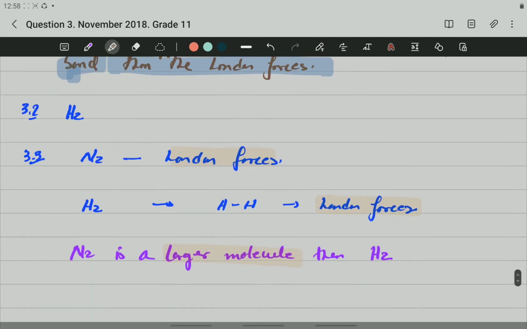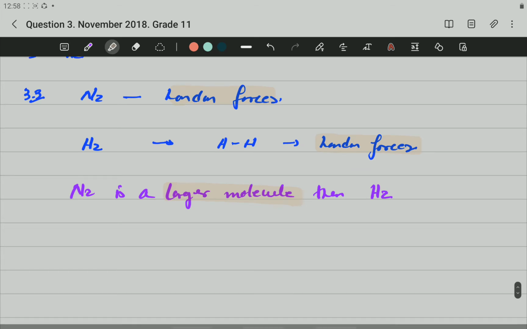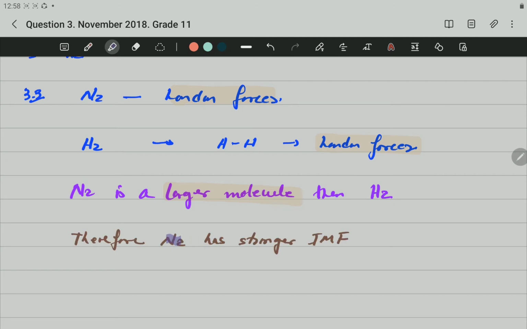Remember, the larger the molecule, the stronger the London forces, the stronger the van der Waals forces, the stronger the intermolecular force. Therefore, N2 has stronger intermolecular forces, and that has to do with the rate of evaporation. So that is the question.